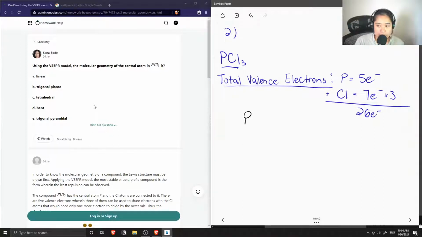Phosphorus will be our central atom since it is the least electronegative, and we can form 3 single bonds to chlorine. And from here, I'll also draw in all of the lone pairs that can be found on chlorine.